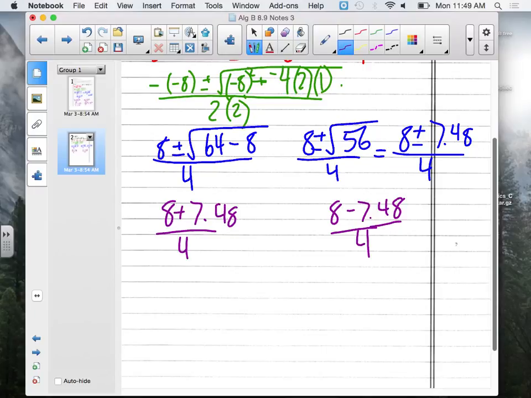Someone give me the answer for that first one, who hasn't talked a lot today. Emerson? X equals 3.87. Okay, x equals 3.87. So what's 8 plus 7.48?